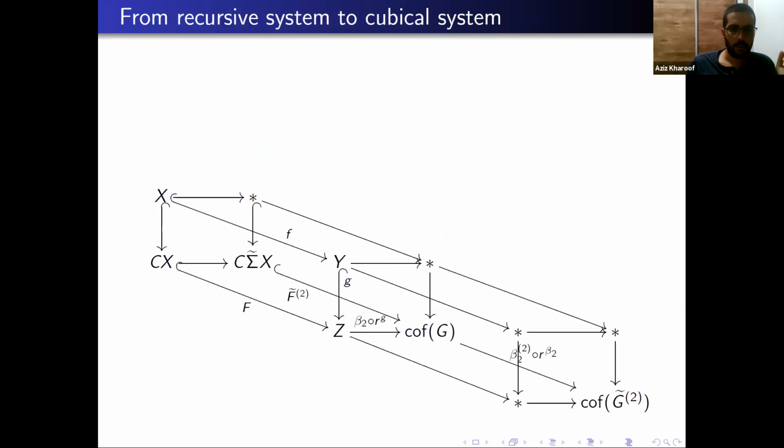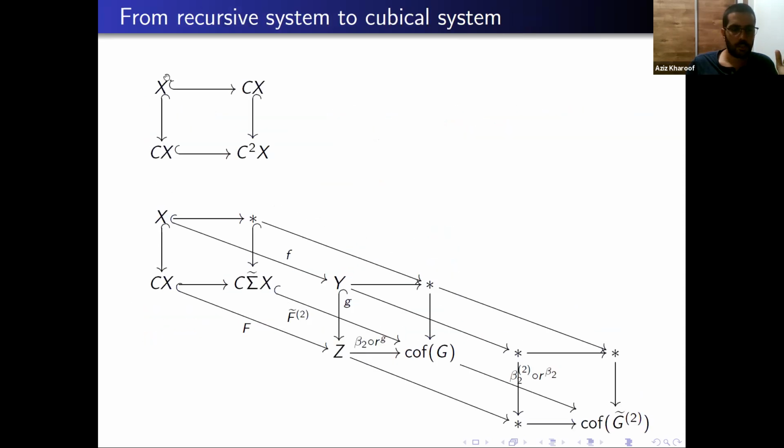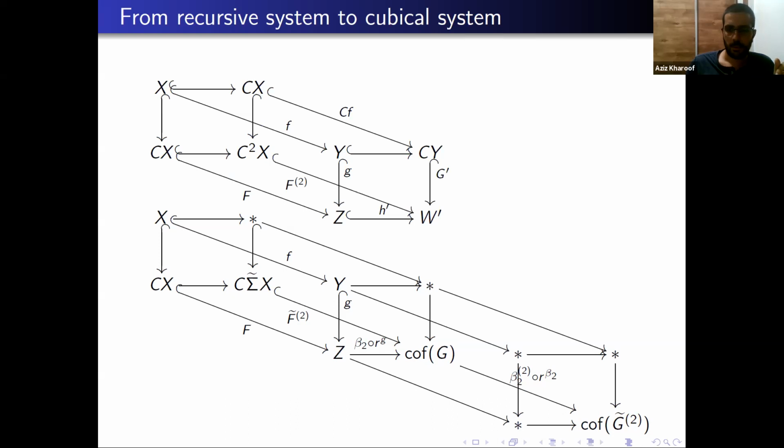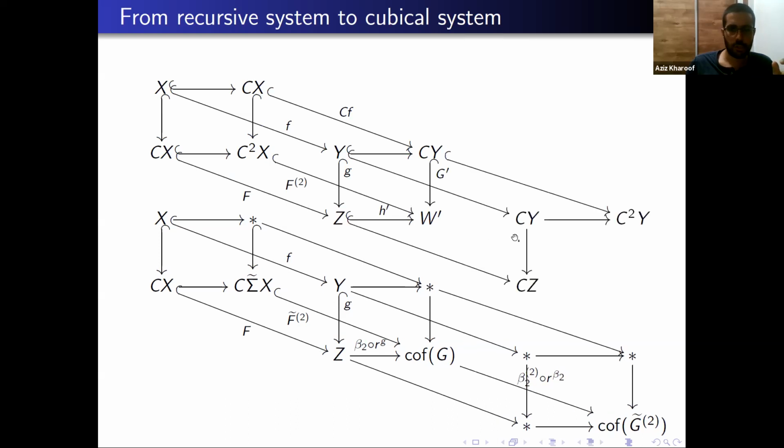We can choose this to be a cofibrant replacement for this square, and we can choose this, so it's in a functorial way. I choose this, and can continue in a functorial way, but then I have to make choices here to continue the cofibrant replacement. It's not functorial, okay?